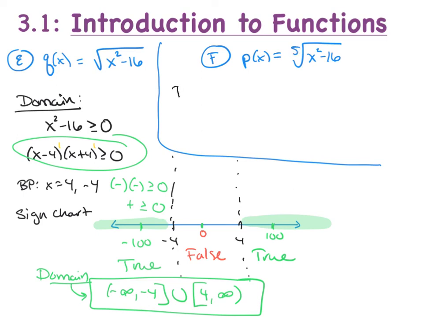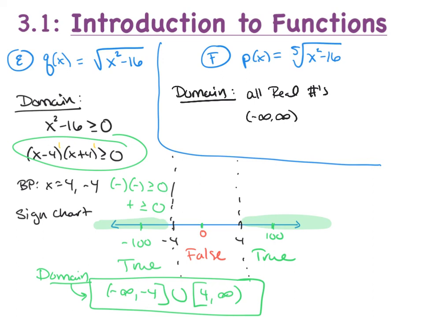So the domain for functions that have odd roots and no denominators would be all real numbers. Or maybe you write that negative infinity to positive infinity.